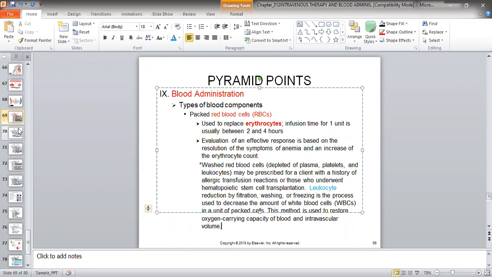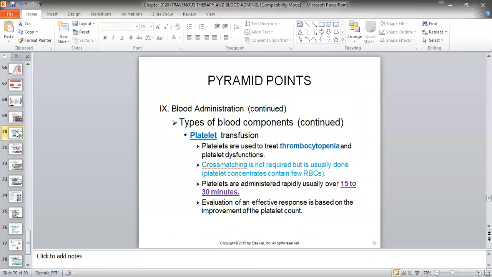Also, you have to know how many milliliters are in 1 unit of packed red blood cells. How many milliliters in 1 unit of packed red blood cells? About 250 ml, right? So what next?